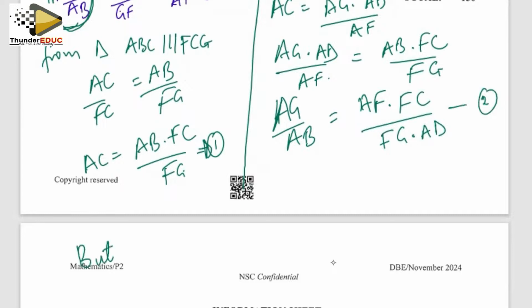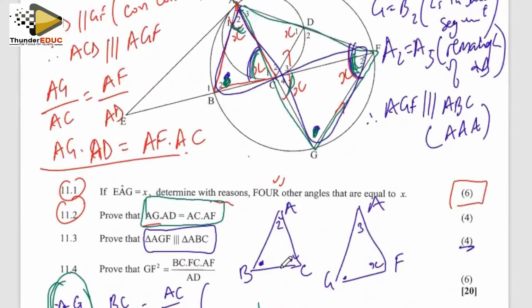And then lastly, we know that AG over AB is going to be the same as FG over BC. This whole big side AG over AB should be the same as FG over BC.